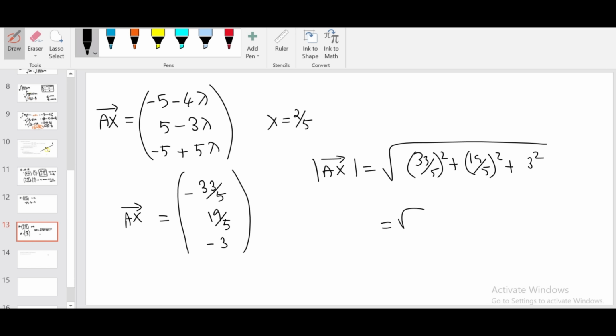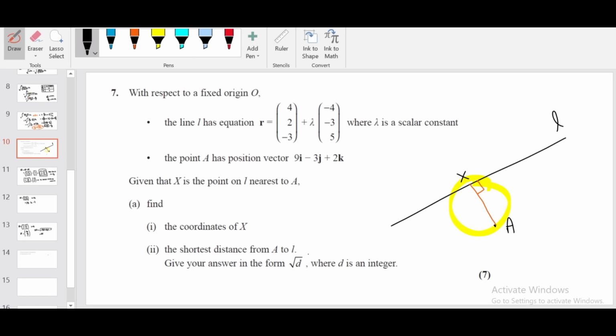You get the square root of 67. Do we need to change it to decimal? Let's go back and read the question. They want the answer in this form, where d is an integer. So we solved this already.